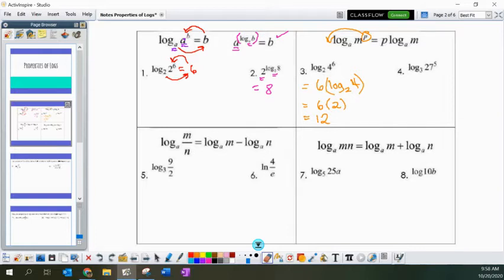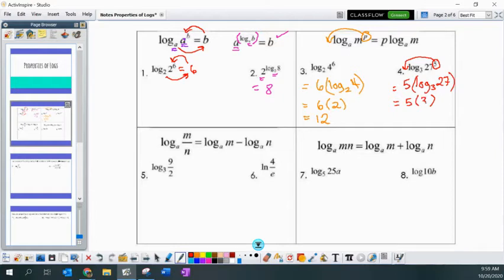Okay, let's try another one. It says log base 3 of 27 to the 5th. Well, I can just bring that exponent out front, so that's equivalent to 5 times log base 3 of 27. We can finish evaluating that. What is the power we raise 3 to get 27?